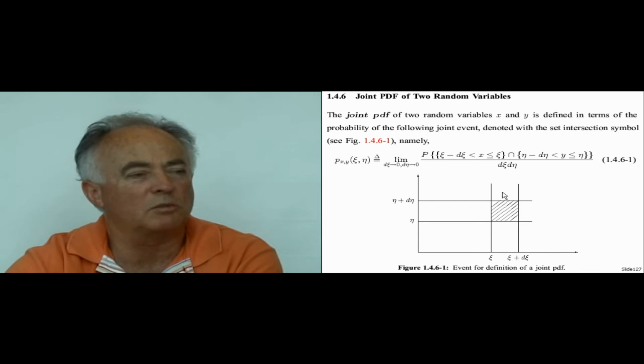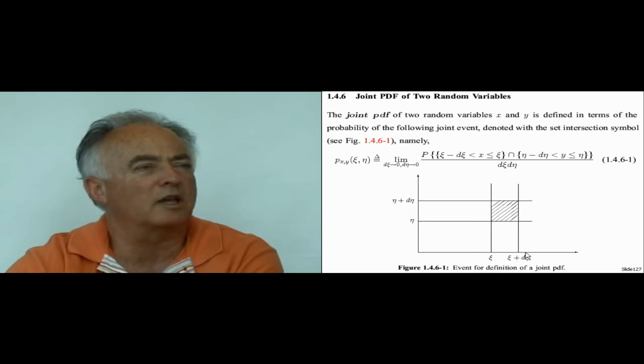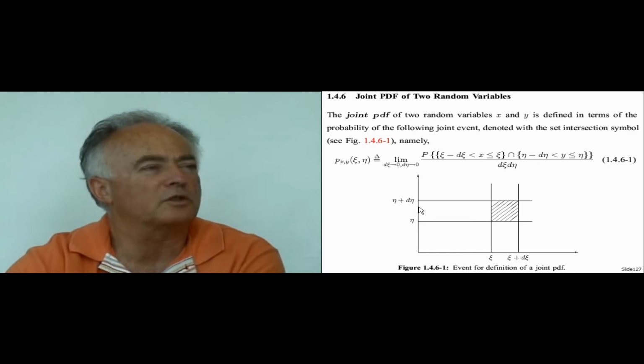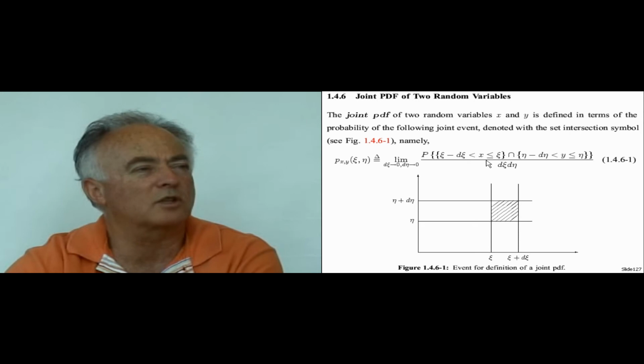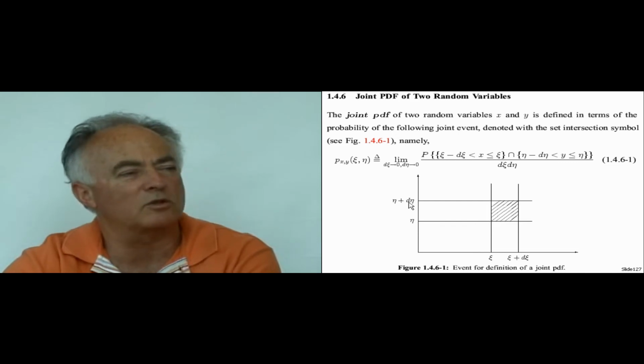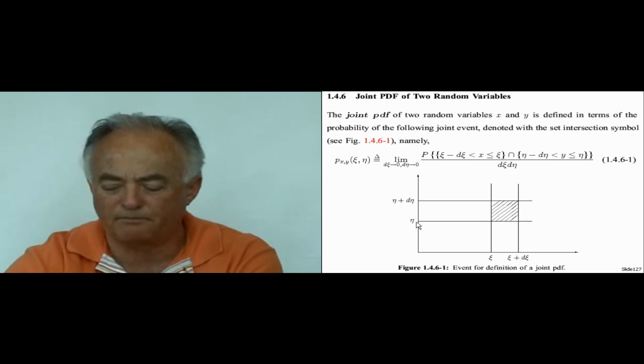Y you don't care about anymore, you just get the probability that x is between psi and psi plus d psi. As a matter of fact, there's a slight discrepancy here. This is psi and psi minus d psi. Probably this could have been changed to an eta here and eta minus d eta, but it really doesn't matter.